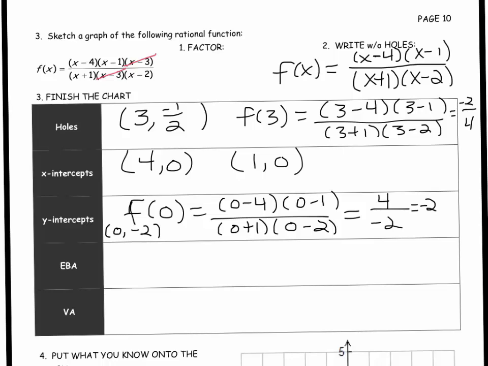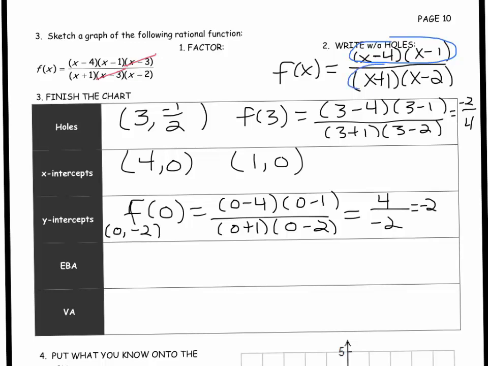Now the end behavior asymptote. Miss Adams did a video on end behavior asymptotes earlier. You want to think of the degree of the numerator and the denominator. If I multiplied out this whole numerator, I would get a quadratic, degree 2, with a 1x squared in the numerator.